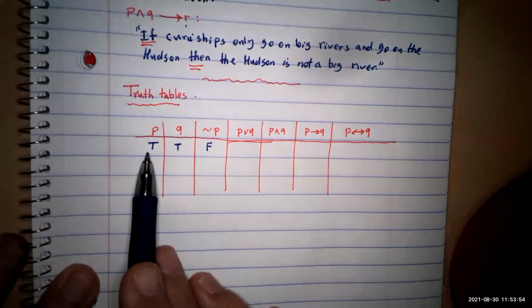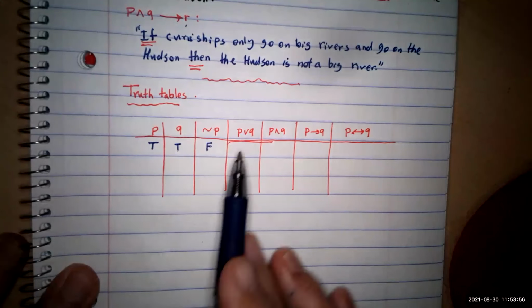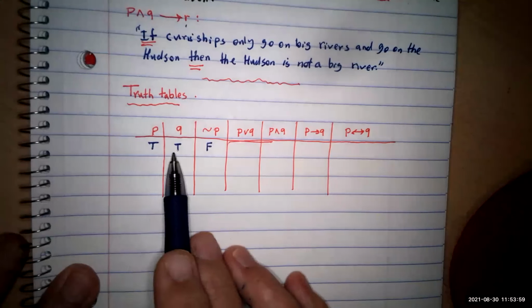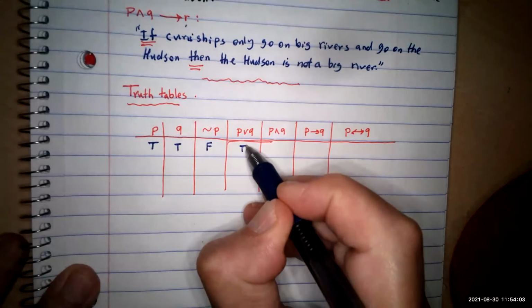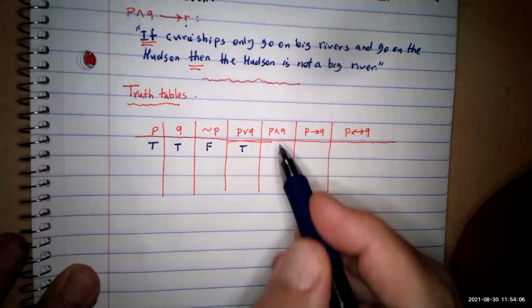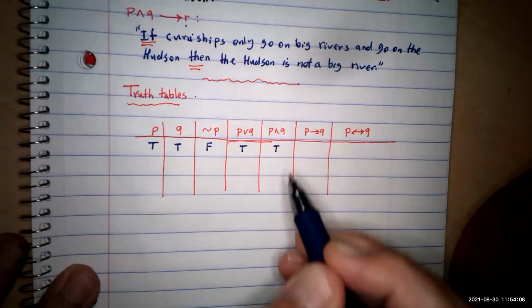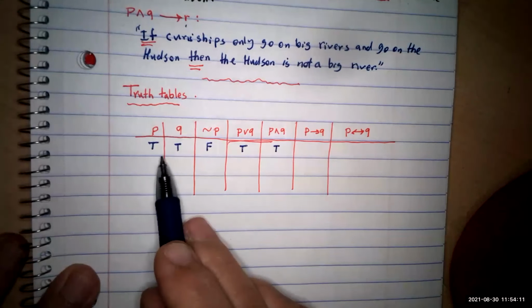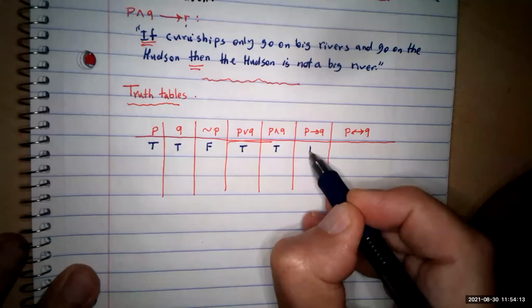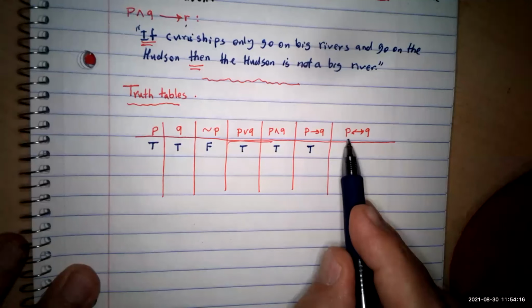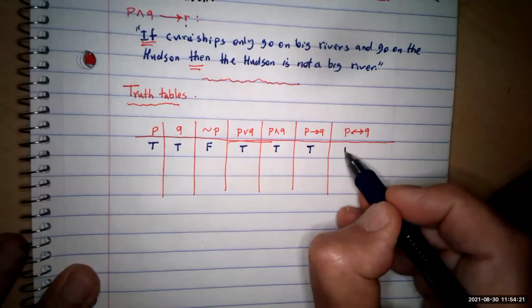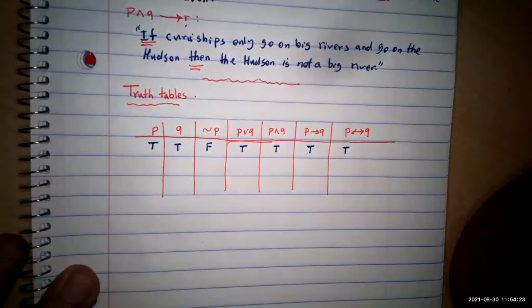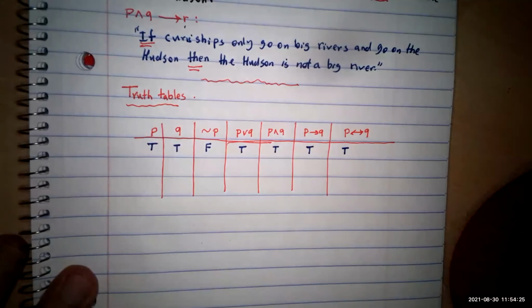If the proposition is false, the negation would be true. P or Q. You see, P and Q are true, so P or Q would be true. P and Q, both of them are true, so it's going to be true. If P then Q, both of them are true, so this is going to be true. And P if and only if Q, both of them are true, so that gives you true. So that's going to be case 1. Any question? That's straightforward for this case.